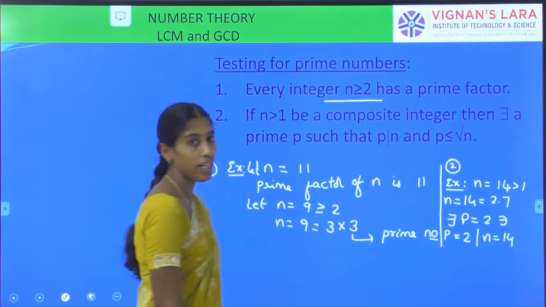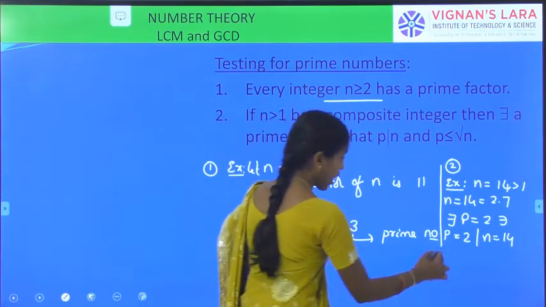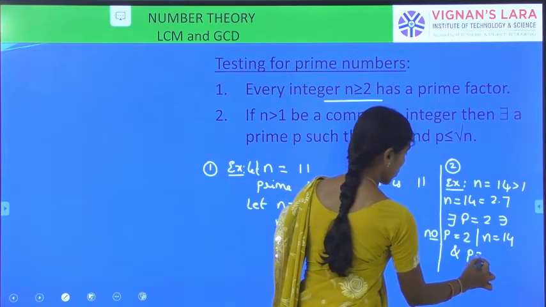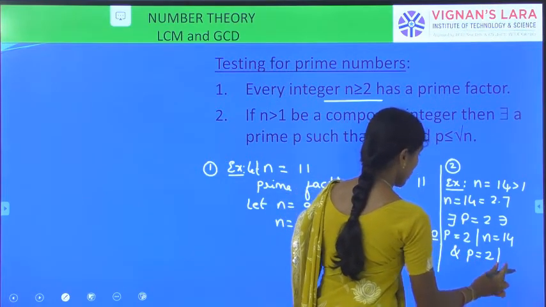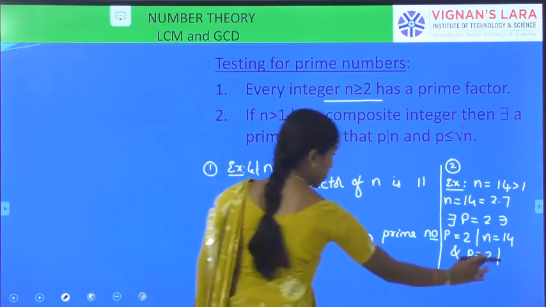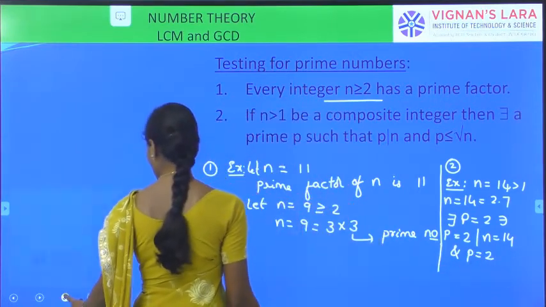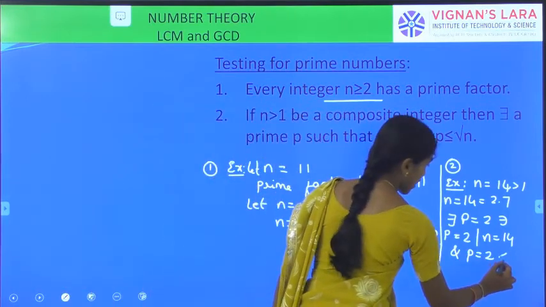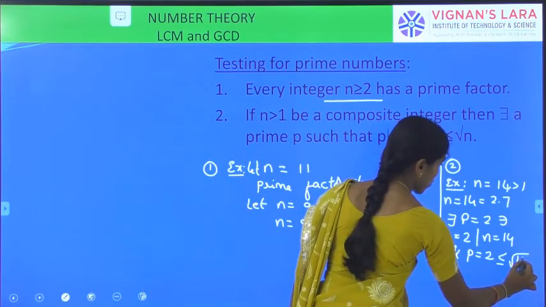And also p equal to 2 is less than or equal to square root of 14.